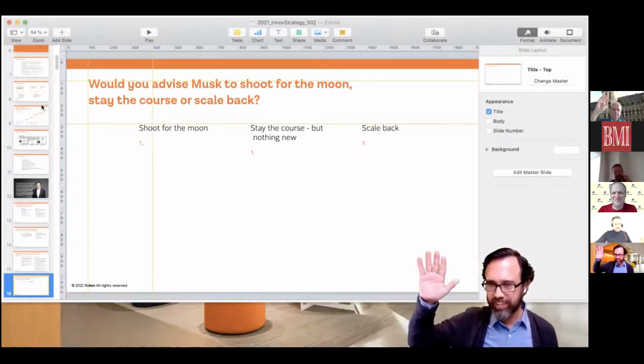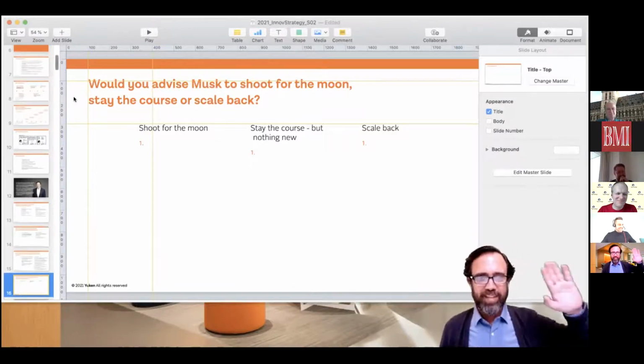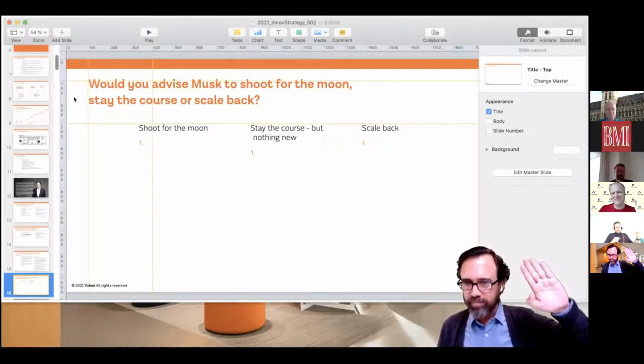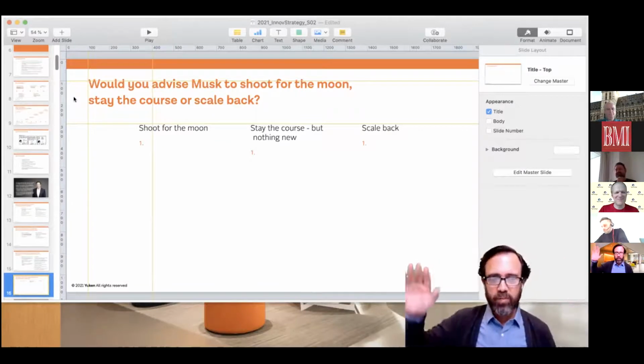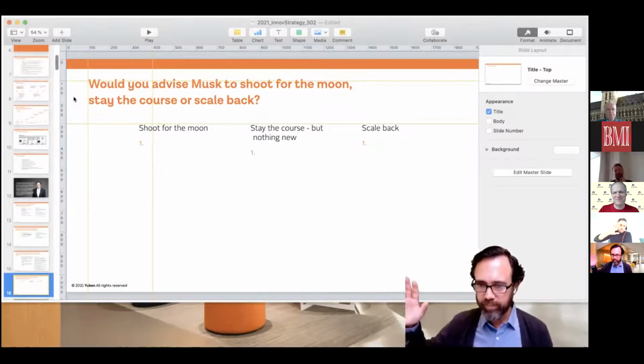Mars, okay. Mars, not the moon, Mars. How many of you say staying the course but nothing new? 1, 2, 3. Cautious people. Yes, it's good to be cautious. And how many of you say let's scale back, let's sell some stuff, get back our money, and scale back?